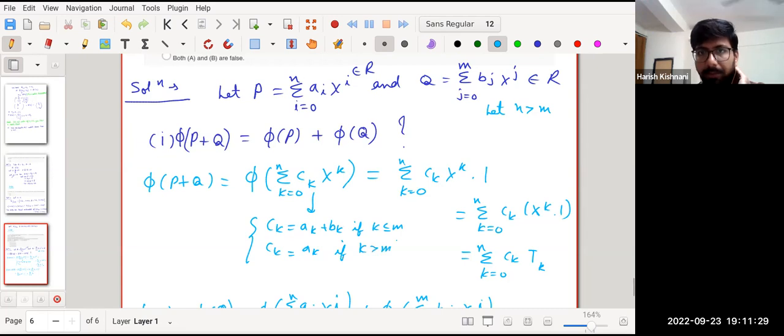Agree? Because after m you won't have a coefficient of b, right?